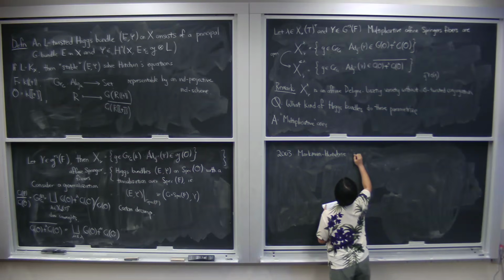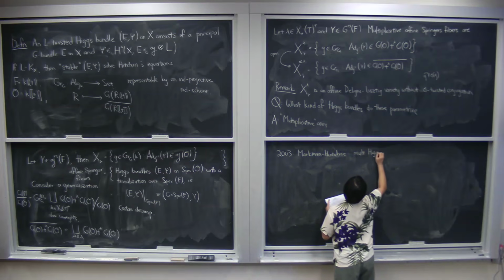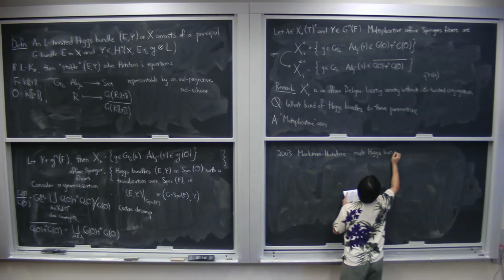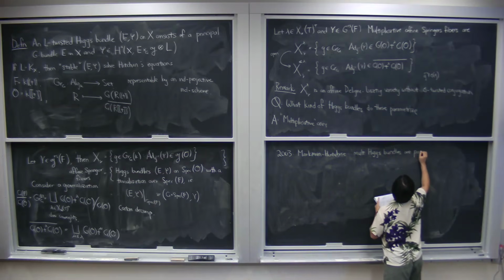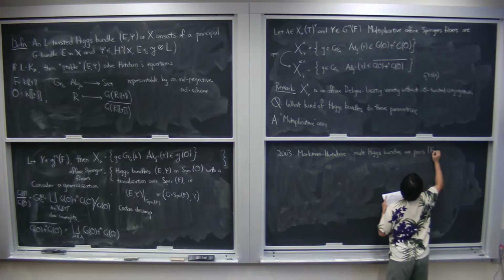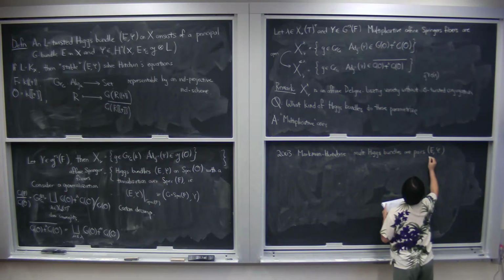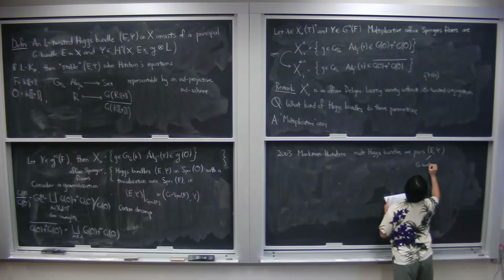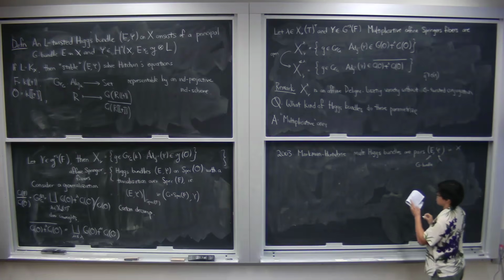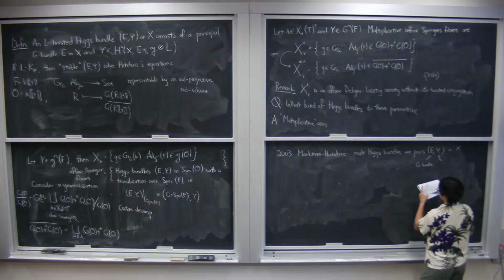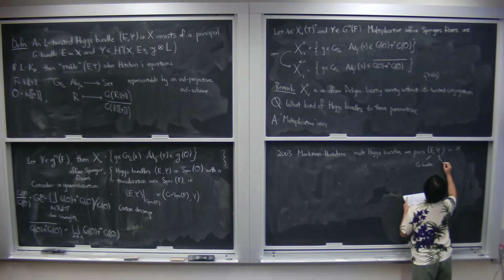They said that multiplicative Higgs bundles are pairs (E, phi) consisting of a principal G bundle over my curve X. And this time, my Higgs field is not the regular kind of Higgs field, but it is a meromorphic section.